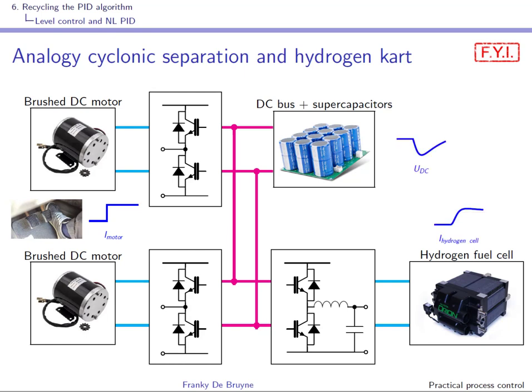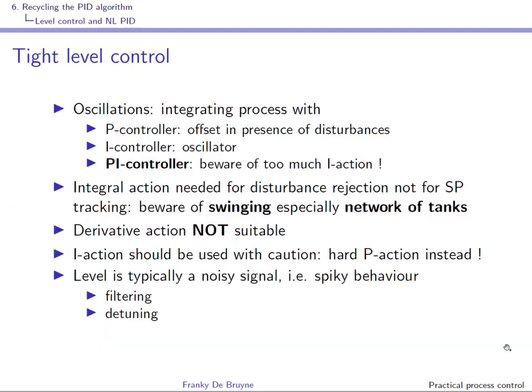So what you like is to have an average level control of the voltage of the DC bus, so to allow excursions of the voltage around the set point, right, to smoothen this current demand so that you do not have sharp variations of the current and that you have an operation of the hydrogen fuel cell that is correct.